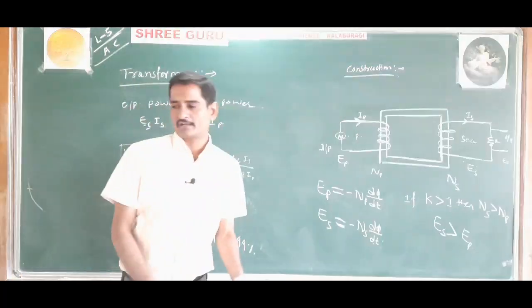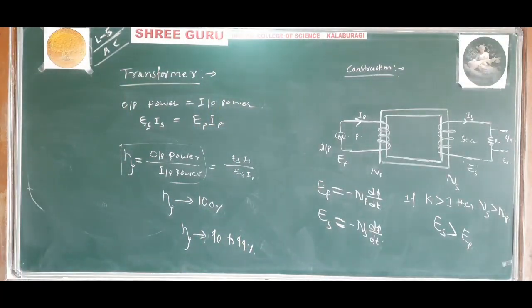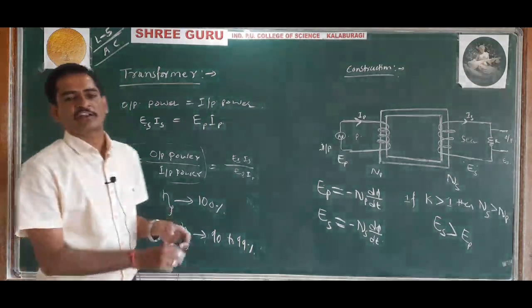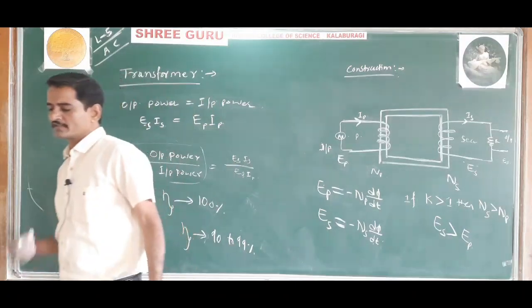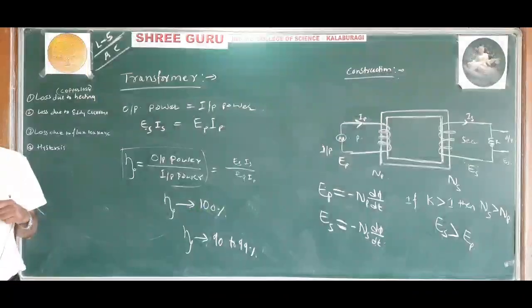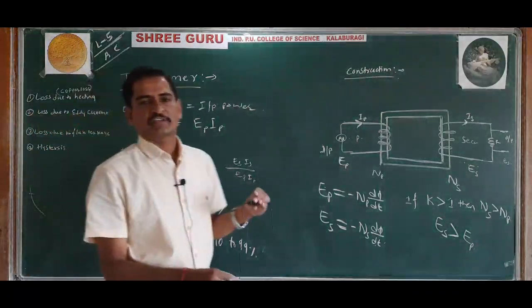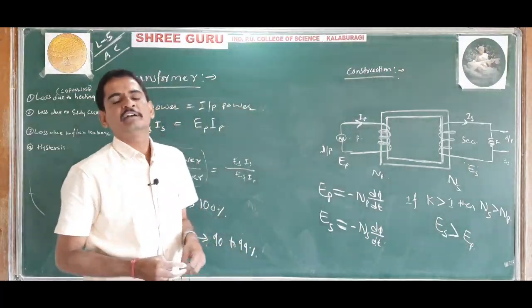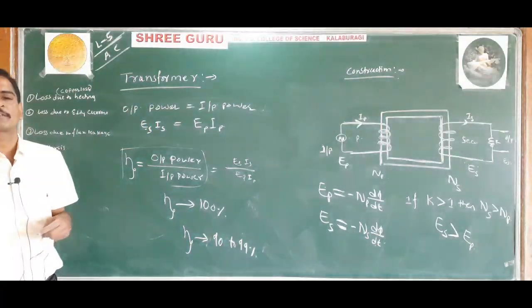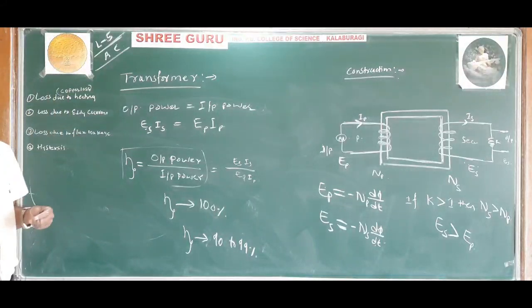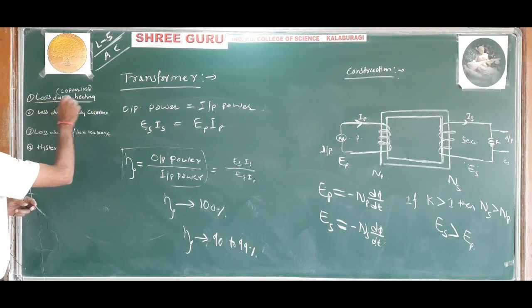Okay. So now let us study the energy loss in a transformer, how this energy is lost. The energy losses in a transformer are of different types. The first is energy loss due to heating.